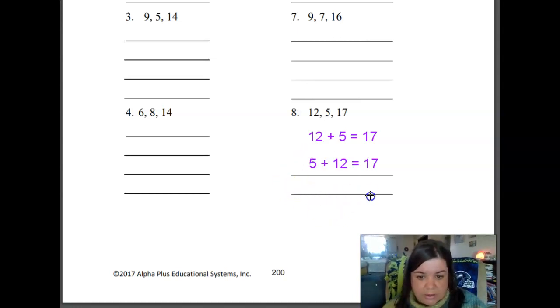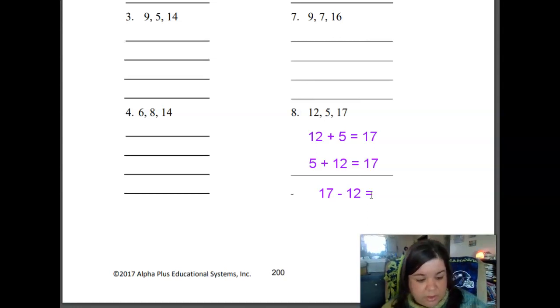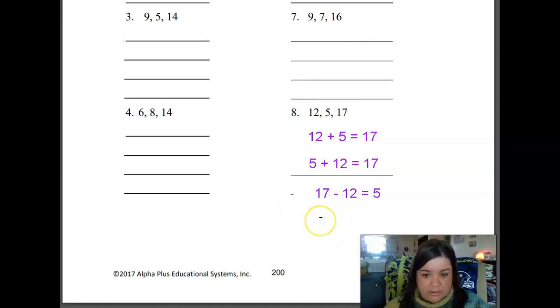I did 2 addition. I'm going to do 2 subtraction. I'm going to start with the biggest number, which is 17. Then I'm just going to go to the first one on the list there. Minus 12 equals, the only number I have left is 5. I don't even have to do any math there. Okay.